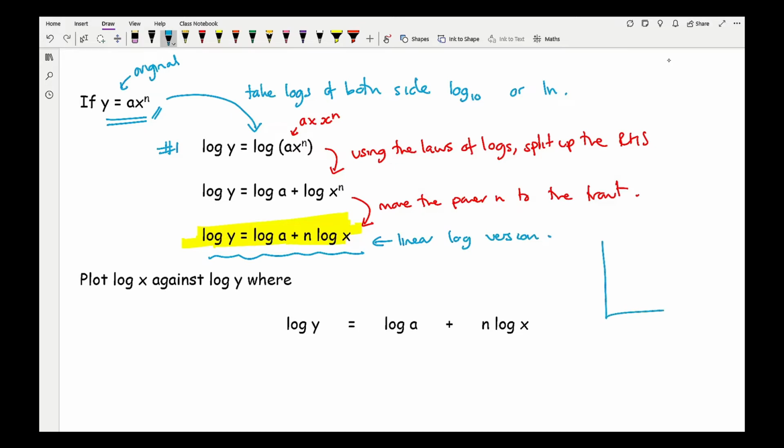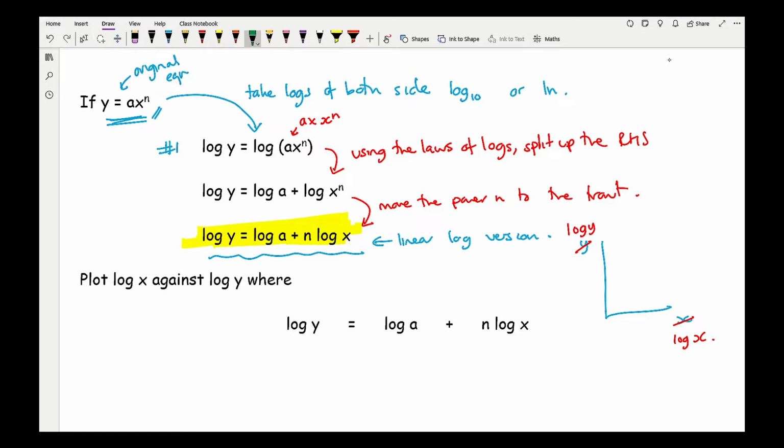So rather than plotting y against x, which is what we would do in our original equation, we'd scrap y and plot log y, and instead of using x, we're going to use log x.